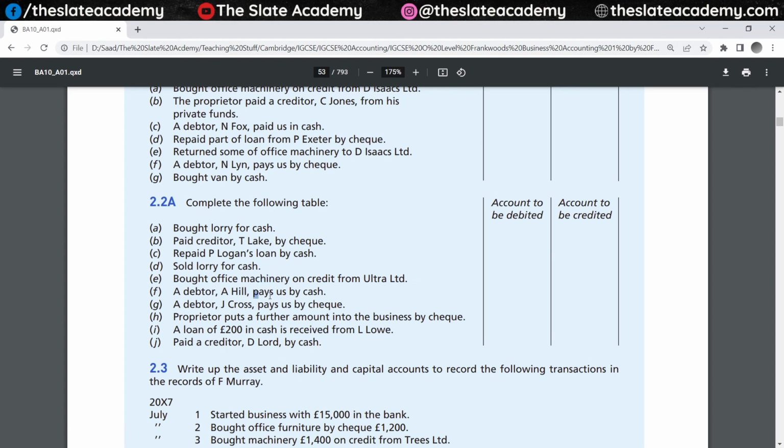Next. Cash debited, A Hill credited. Perfect. Bank debit, J Cross credit. Correct.